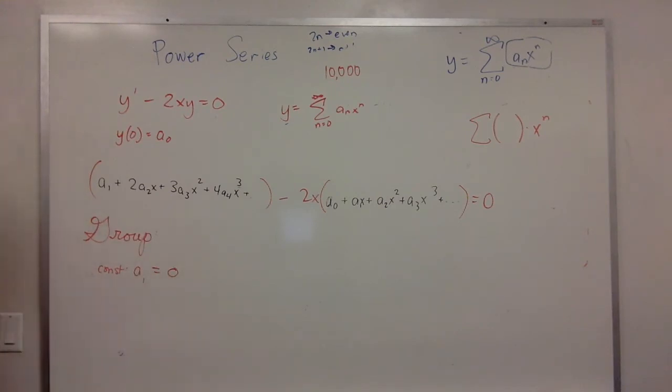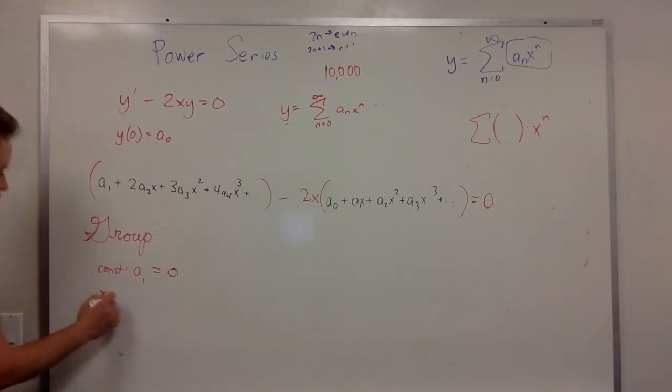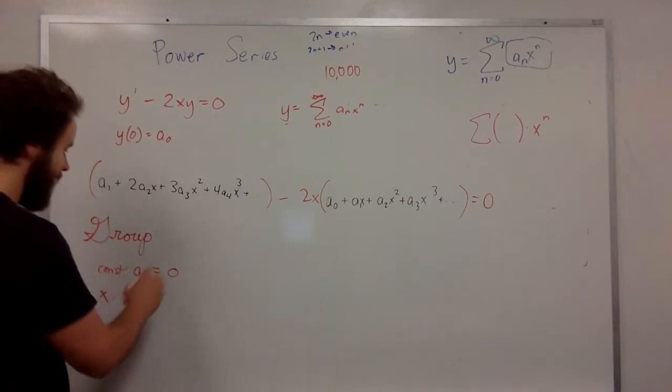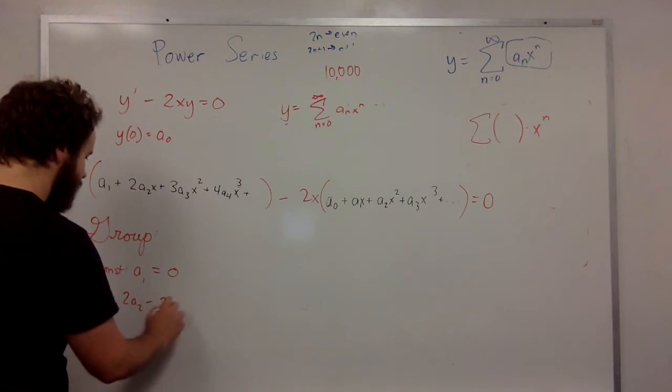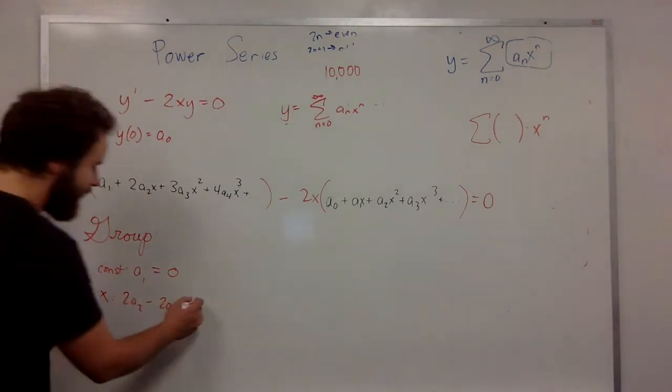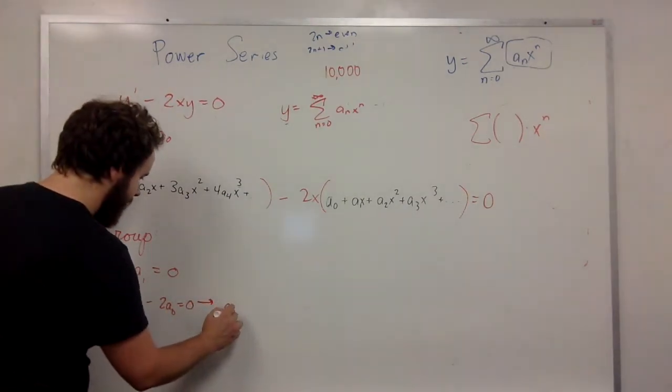Do we just assume that this is centered at 0? Yes, we tend to assume this is centered at 0. Let's move to the x term. We have 2a2, and we have a minus 2a0. From here, we find that a2 equals a0.